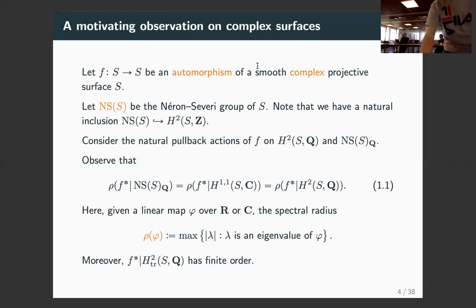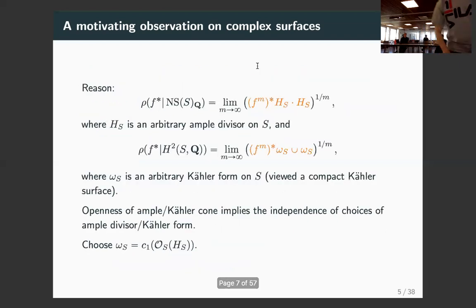Because this motivation is important later, I will explain why these spectral radii are the same. The reason is quite simple. The spectral radius of this automorphism F acting on the Néron-Severi group is equal to the limit of the mth root of this intersection number.